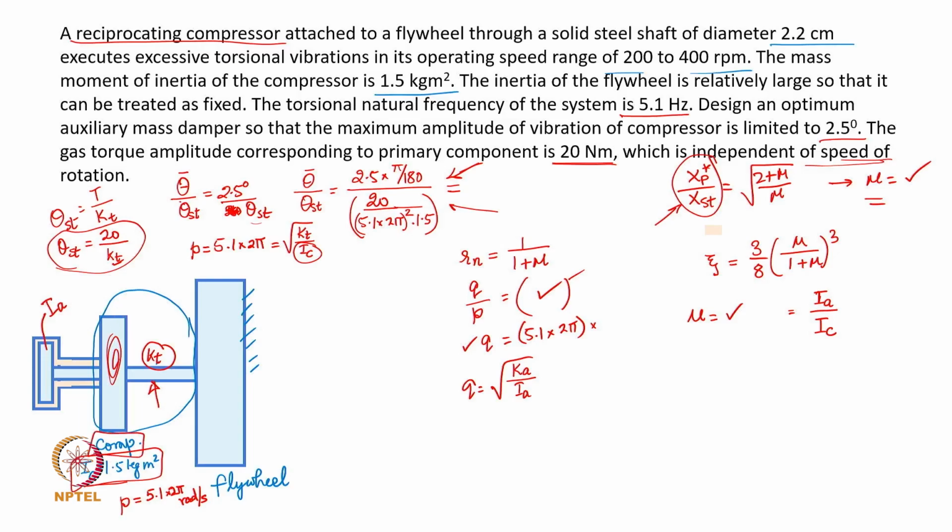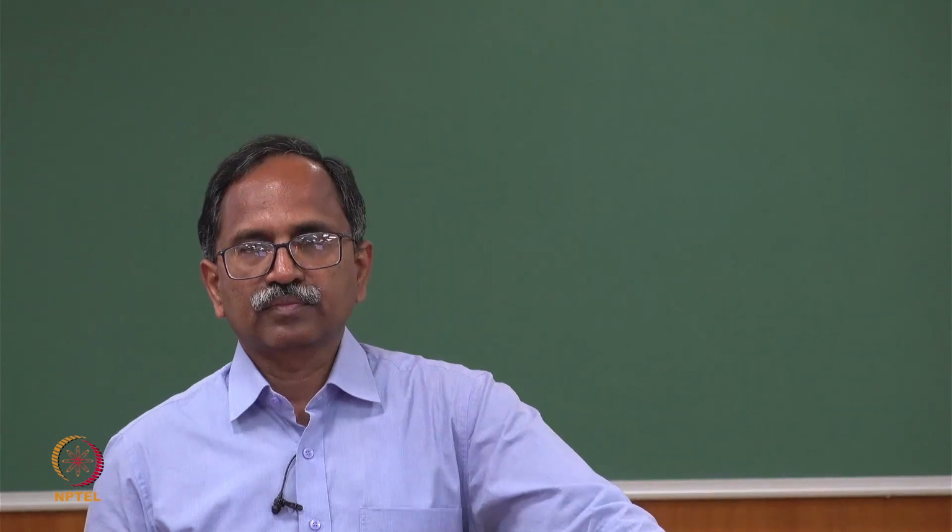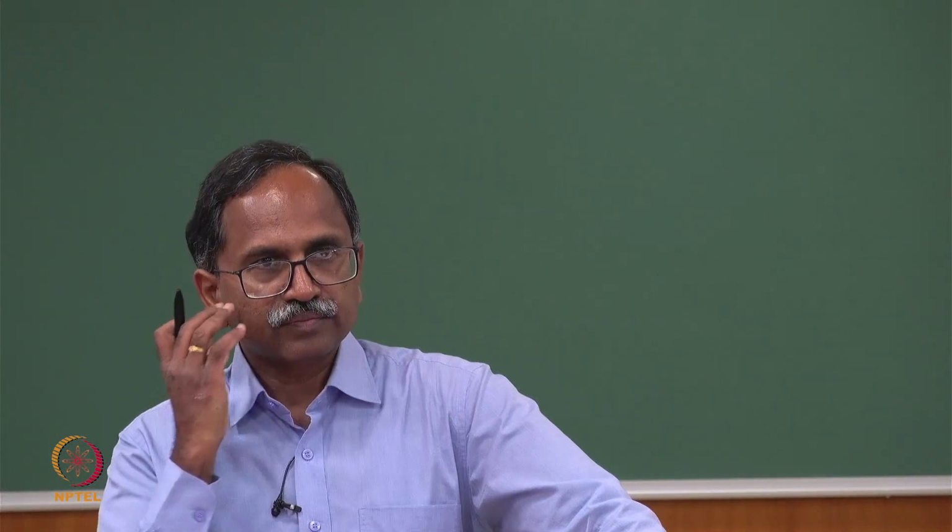Now the design of the absorber means finding the torsional stiffness of the shaft connecting the absorber inertia, and the absorber inertia itself, isn't it? Now mu is equal to Ia over Ic. Ic is already known, so you can find the value of Ia from this expression. Is it not?